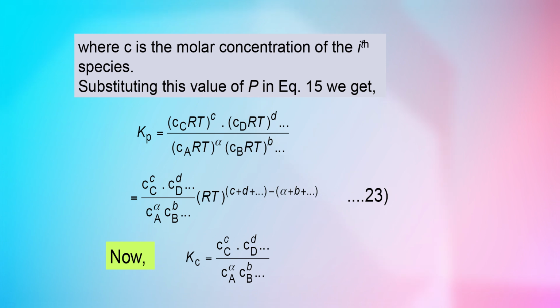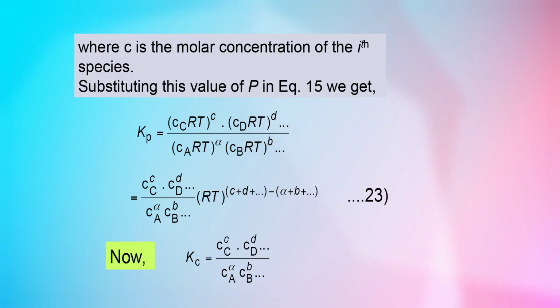So, thereby you will get Kp equal to this value, this 23, and now you remember Kc is nothing else but Cc to the power C, Cd to the power D, Ca to the power alpha and all this. So, you get Kp equal to Kc into RT to the power delta N.